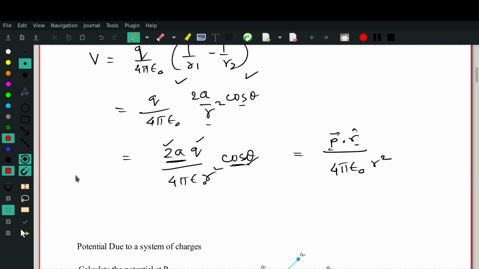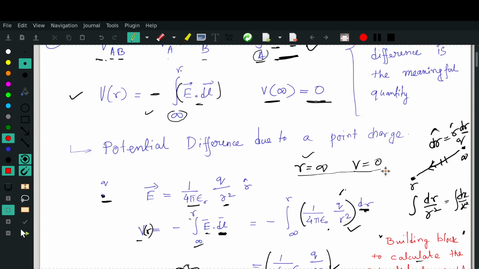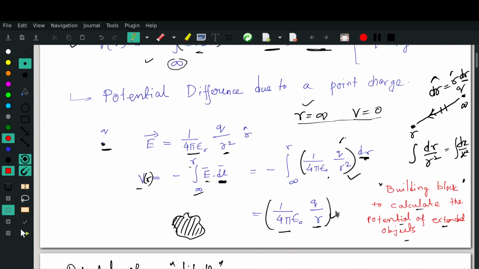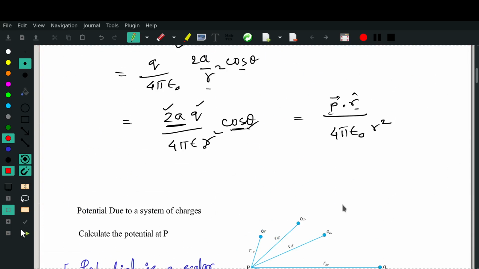So here I'll ask you to remember this fact that when you calculated the potential for this point particle, it was going like 1 by r, right? So the V was going like 1 by r for the point particle. But when we calculate it for this dipole, we see that the V here is going like 1 by r square.